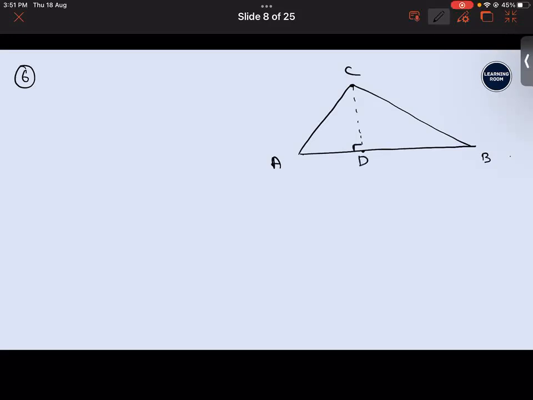Let me call this D. So we are supposed to prove that CD square is equal to BD into AD. How do I prove this?